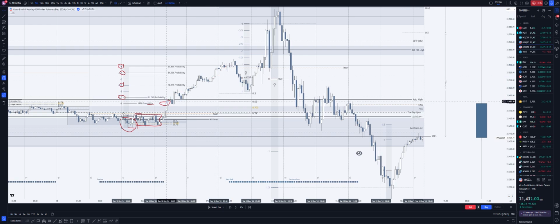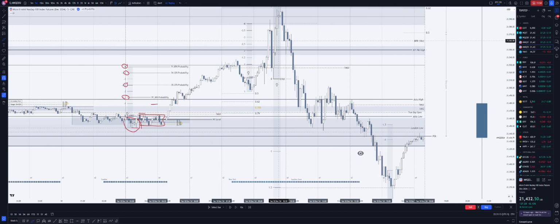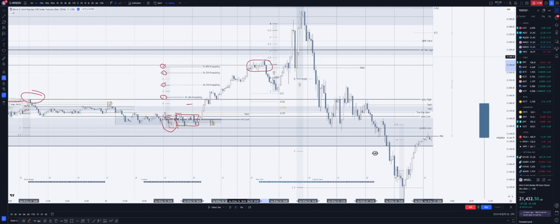Okay, continuing on. Get rid of some of this. So I've had a Q4 expansion. We've gone into Q1 of New York AM, which continues to target the 4 standard deviation plus this 1 hour manipulation gap. Price has then consolidated.